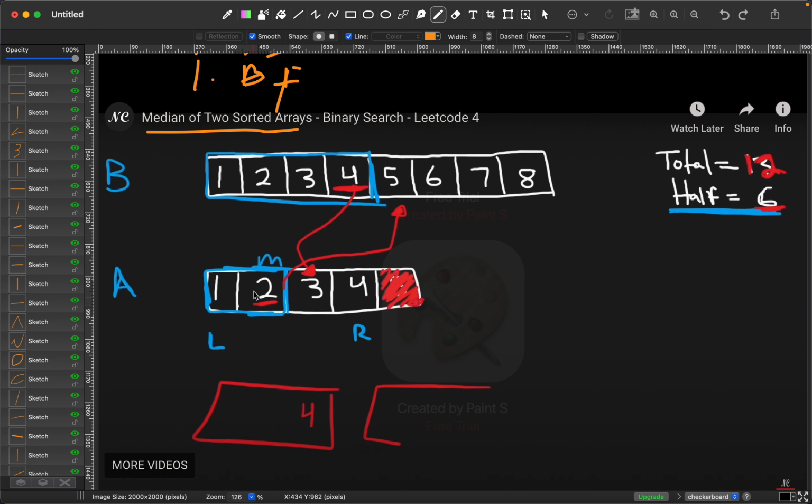True for A, but for B, 4 and then the outside of the barrier is not true. So now the problem is either we need to adjust B or we need to adjust A. Interesting. How do we know which to shift?